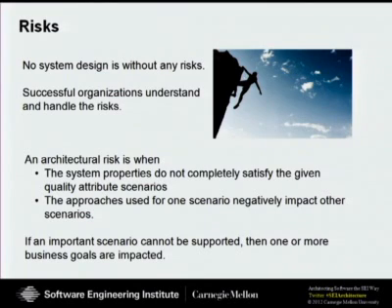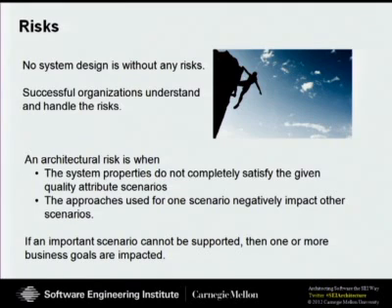You have a limited amount of time, you have a limited amount of money. Therefore, you can only build systems that are good enough. Not perfect. Good enough. That means whatever you do, there are risks. An organization needs to understand that there are risks. And that's actually a distinguishing factor between successful and unsuccessful organizations.